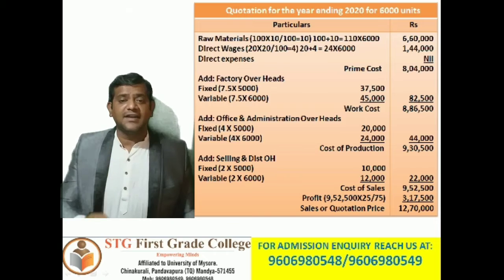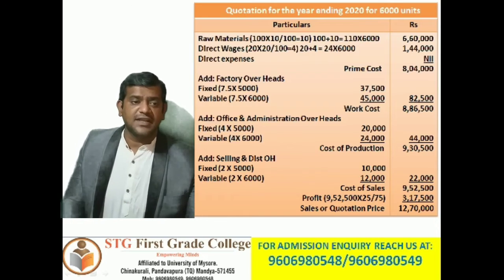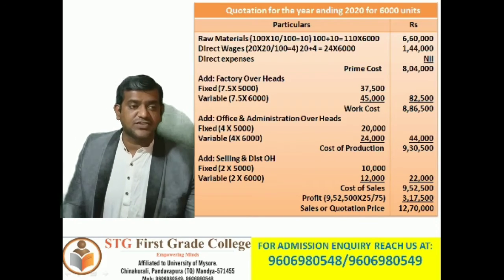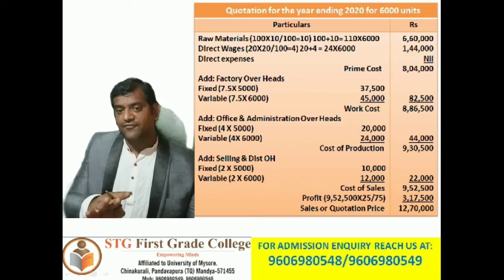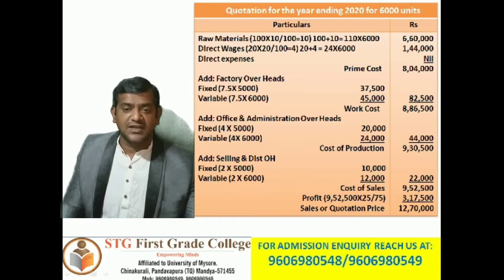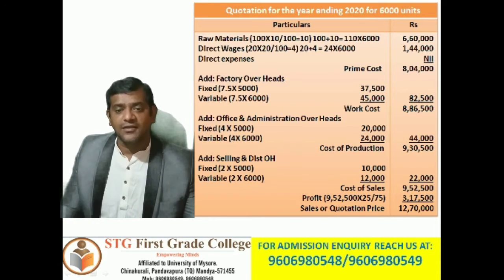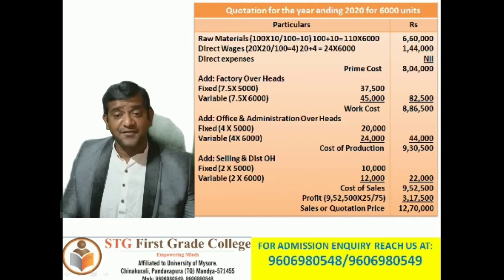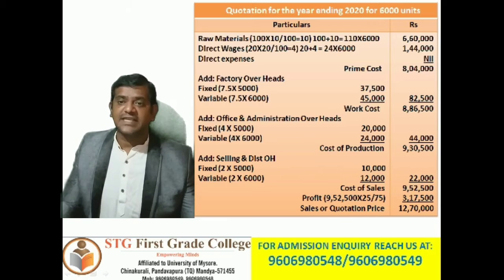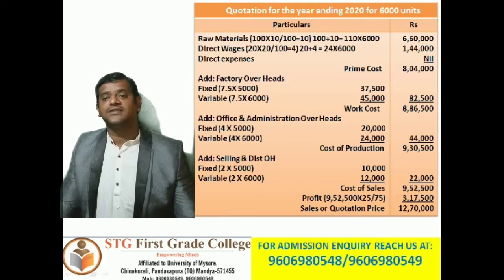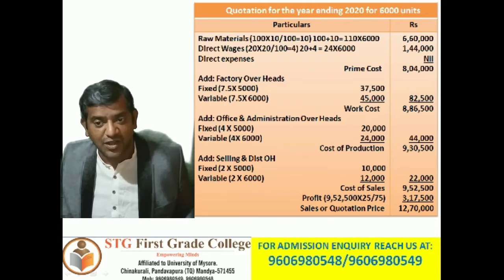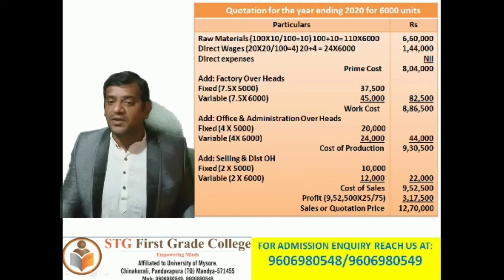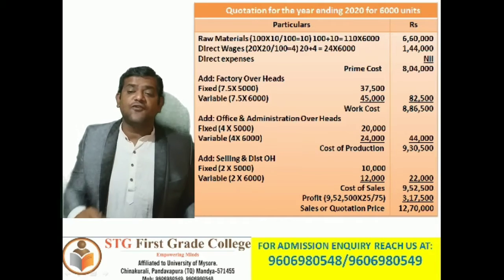Okay. So next add office and administration overheads. So under that fixed, that is 4 rupees per unit. So that is 5,000 units. So 5,000 units, 20,000 rupees, and variable 4 rupees into 6,000 units. So that comes to 24,000. So 20,000 plus 24,000, total 44,000.